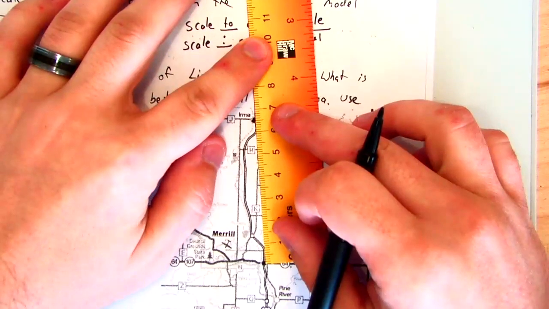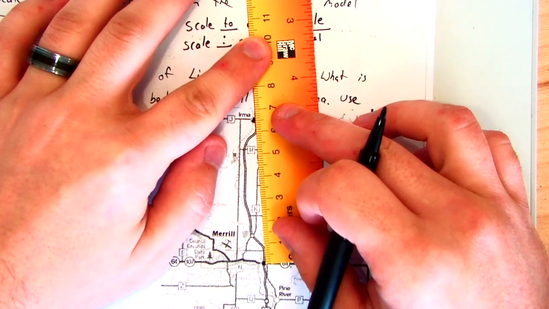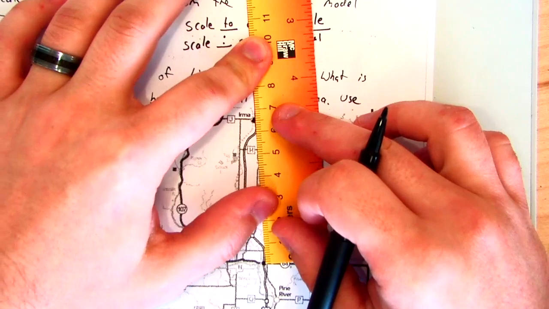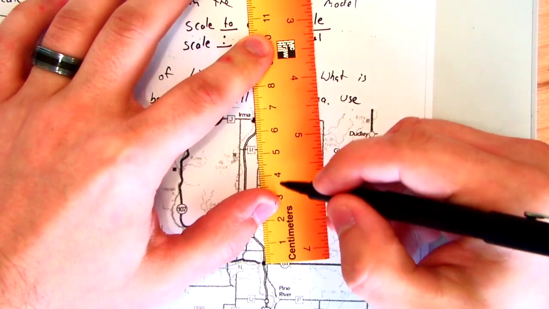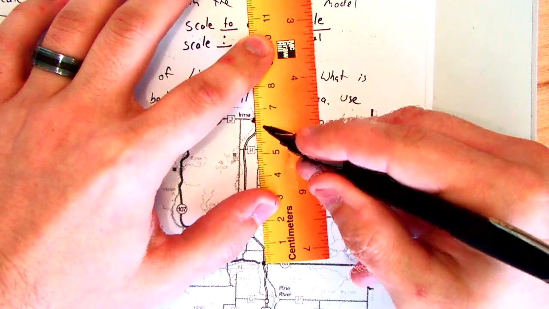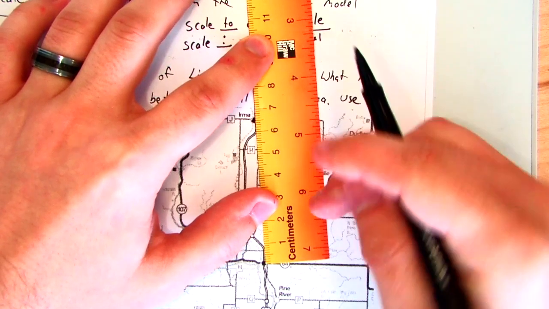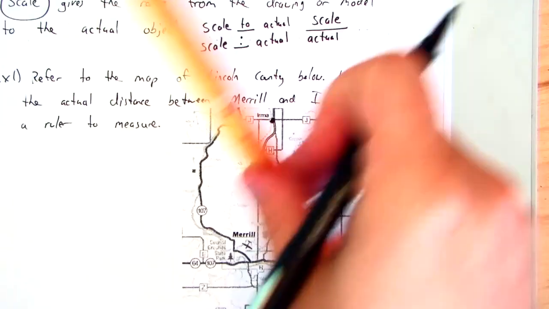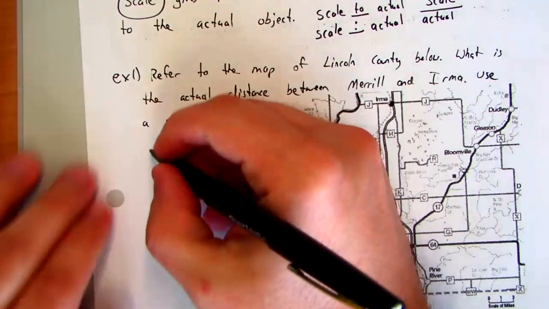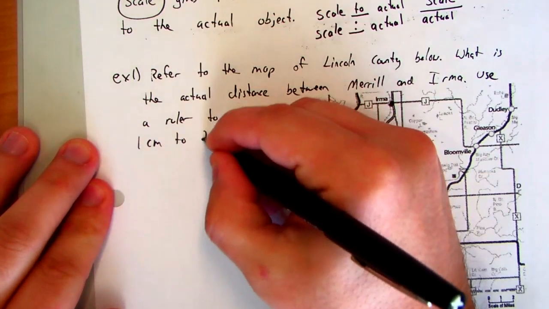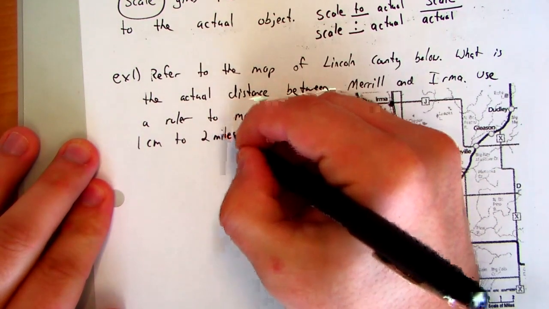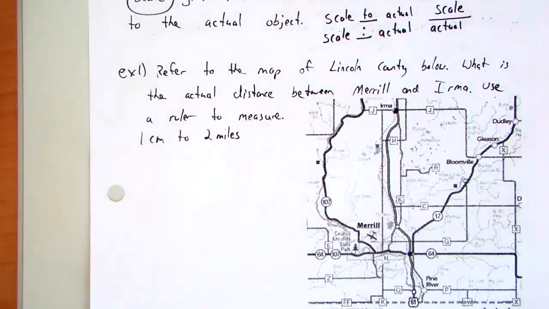And from Merrill to Irma, it looks like it's about 6.5 centimeters. So going up, here's Irma right here at 6.5 centimeters. Now the scale shows that it's 1 centimeter for 2 miles. So I'm going to write that down here: 1 centimeter for 2 miles.